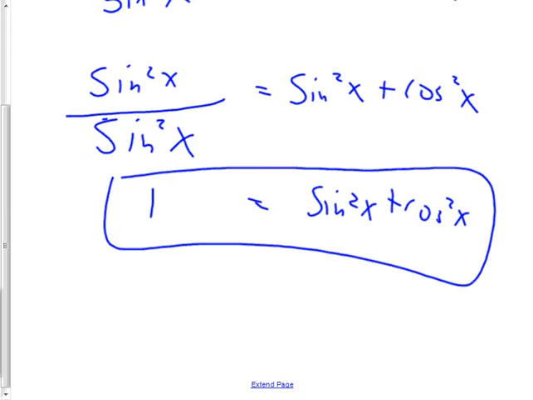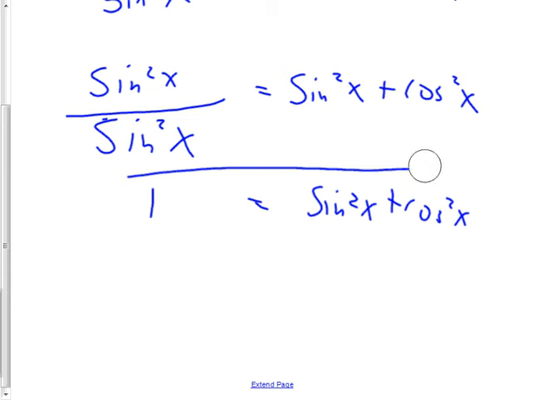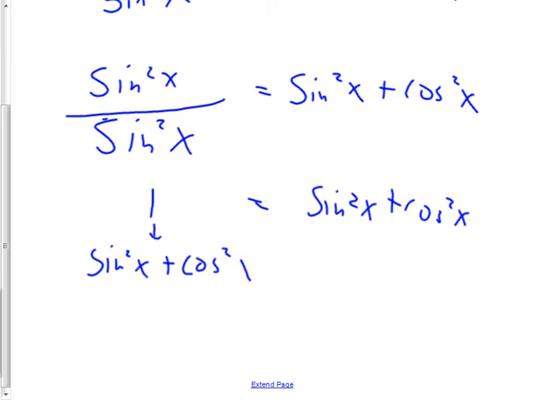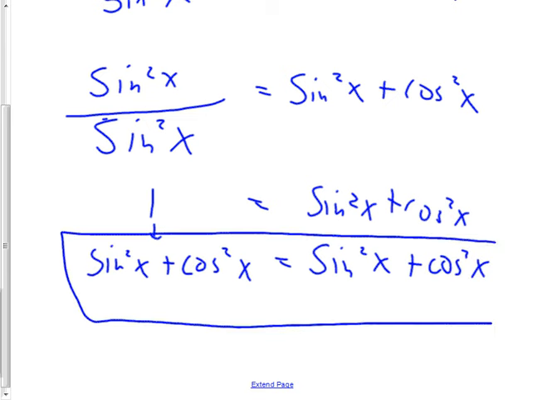Believe it or not, that's not good enough, because that is not an exactly equal statement. It's really close. Hopefully you know that you can replace a 1 with sine squared x plus cosine squared x. And then now it's equal to sine squared x plus cosine squared x. And that, my friends, is a proof.